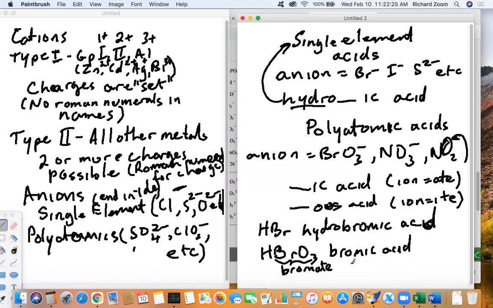And then you've got HNO2, or say HNO3 will do first. That's nitric acid, that's based on nitrate. NO3 is nitrate, so that's nitric acid. And the last one, HNO2, that's based on NO2, which is nitrite. So that'd be nitrous acid.